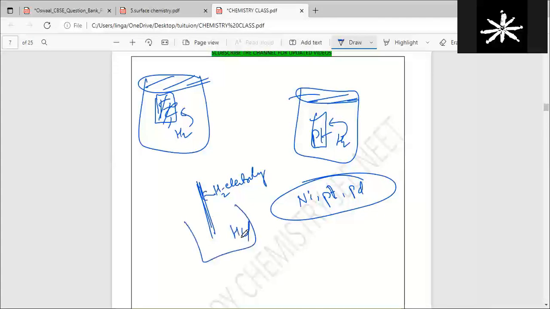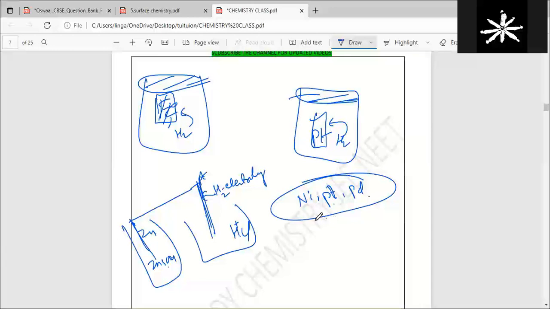Here we took HCl, hydrogen and H plus. Zinc rod, zinc sulfate, like that, zinc ion and zinc is there. Here hydrogen ion and hydrogen is there. So here it was the platinum. So nickel, platinum, palladium are good adsorbents, hydrogenating catalysts.